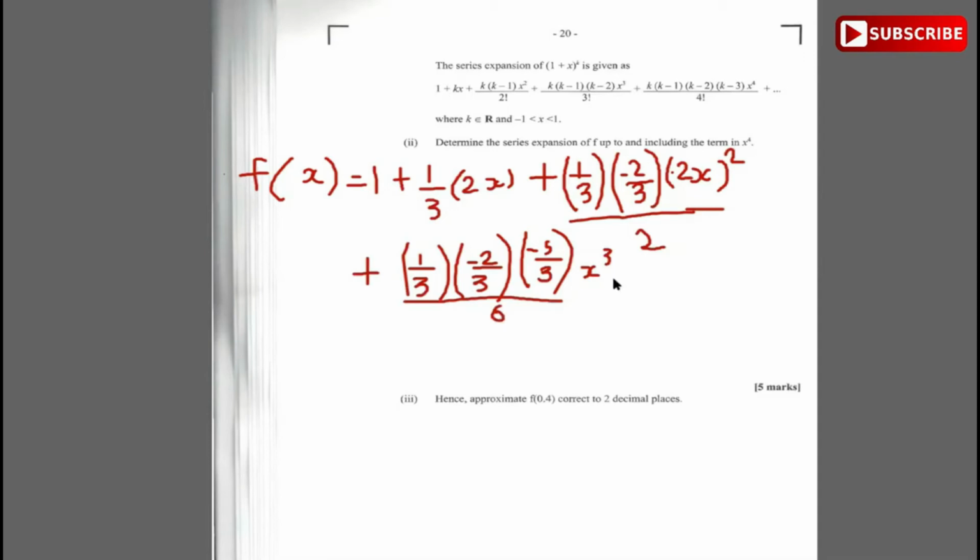plus k times k minus 1 times k minus 2 times k minus 3. That's going to be 1 over 3 times minus 2 over 3 times minus 5 over 3 times minus 8 over 3.